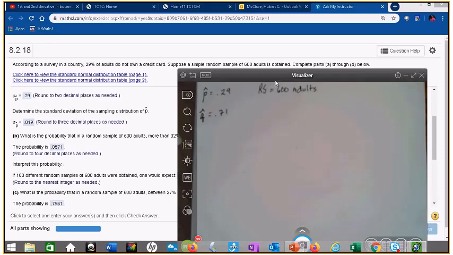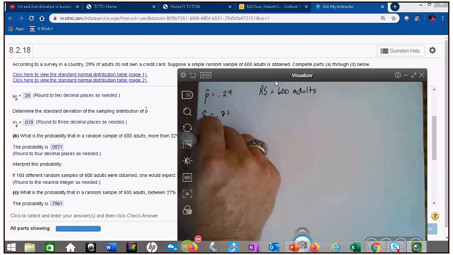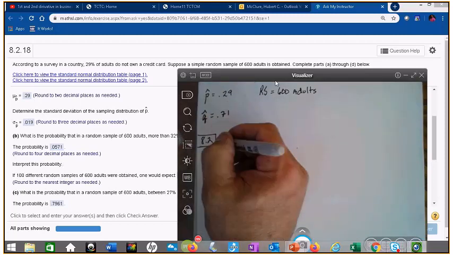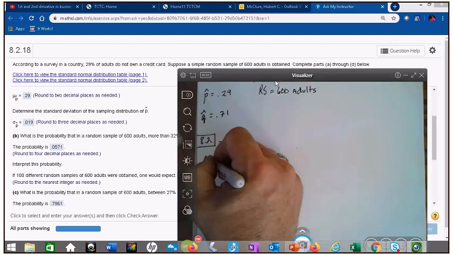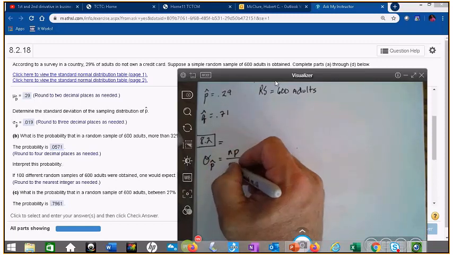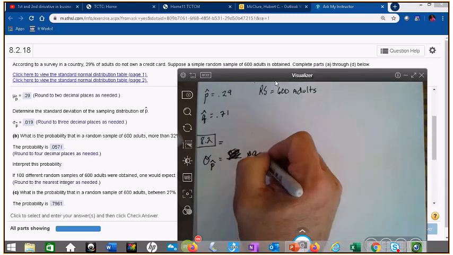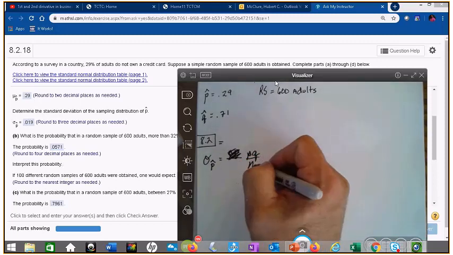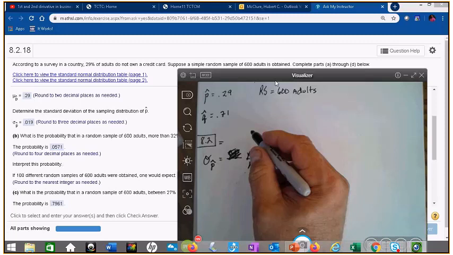So remember 8.2, not only do we have P hat and Q hat, but we've got the formula of the standard deviation of P hat, which is the square root of PQ over N. I can't remember for sure, but I think it's PQ over N, square root.